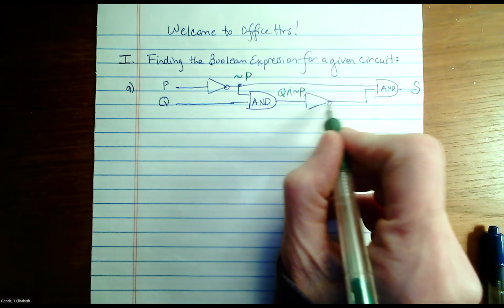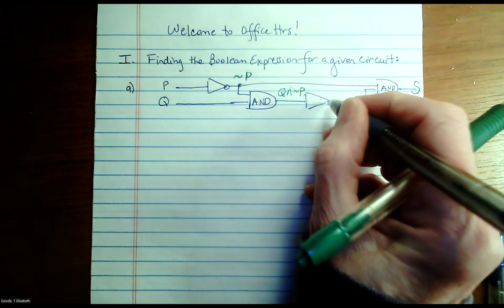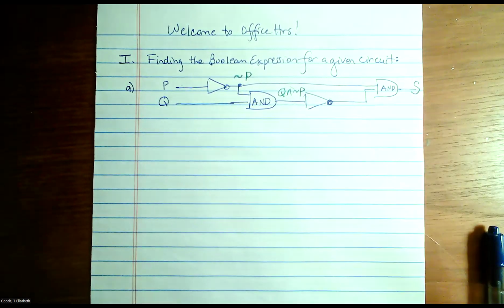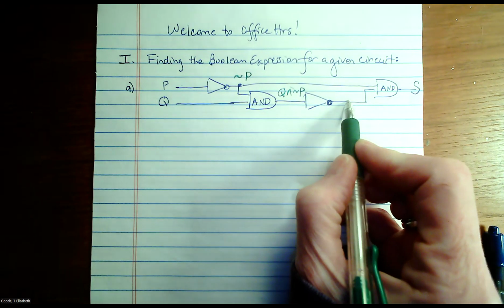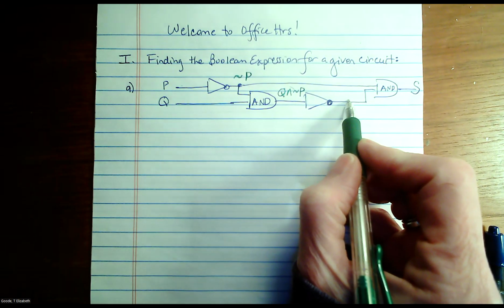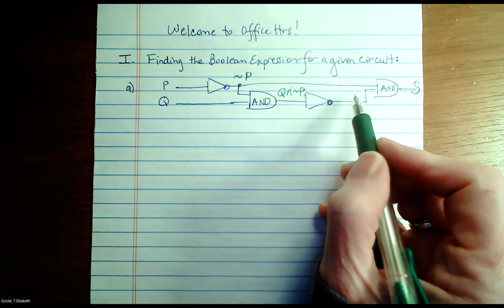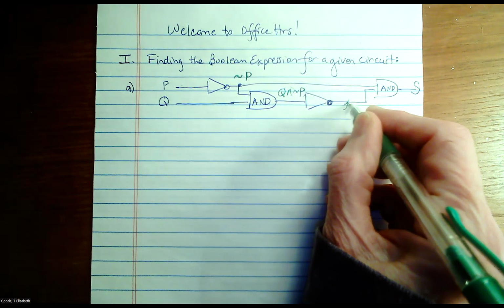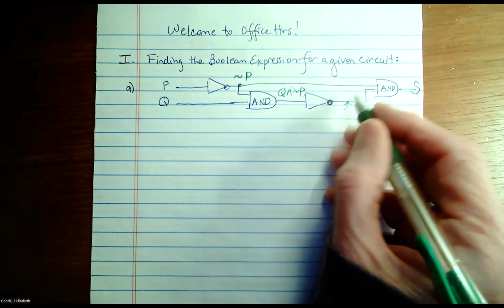Now we run that through this NOT gate. I want to make sure you know that that's a NOT gate. This is a NOT here. So what is here? We could use De Morgan's law because we have to negate that entire expression, but I think we're just going to purely write down what this is without using De Morgan's.